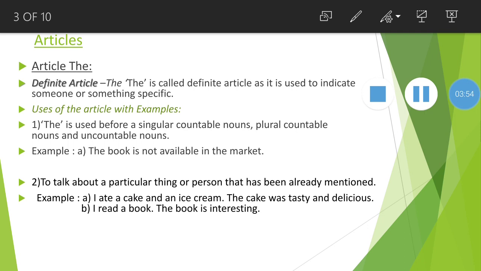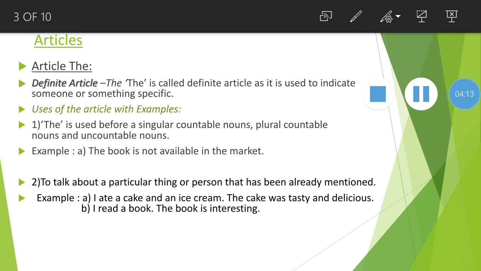To talk about a particular thing or a person that has already been mentioned. For example, number one, I ate a cake and an ice cream. The cake was tasty and delicious.